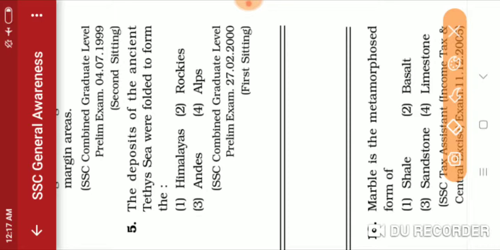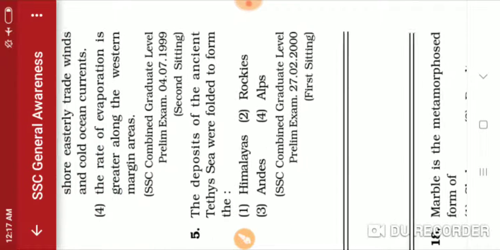So I think one will be correct. The Himalayan deposits come and fill that sea floor, and that becomes the northern Indian plains, the fertile plains.